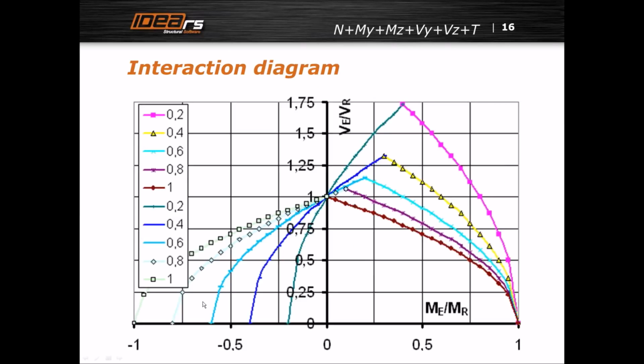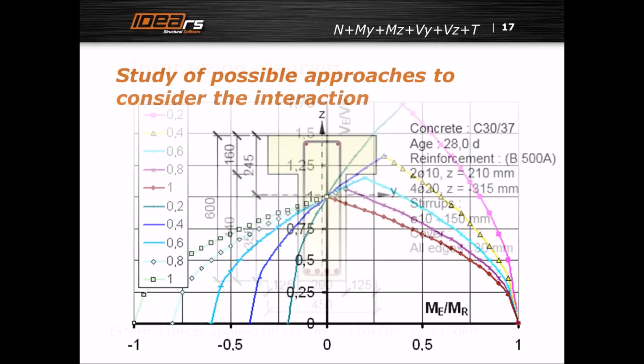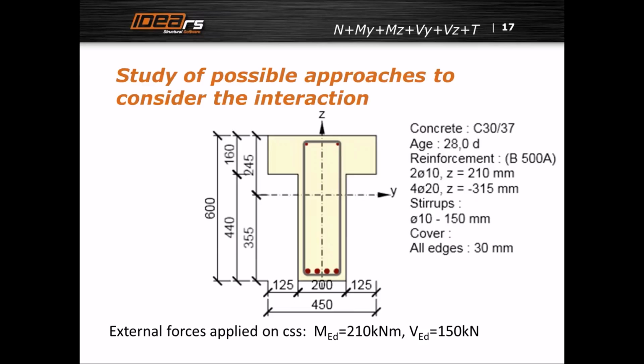We do it, then we can even draw such a nice interaction diagram between bending moment and shear force. This is calculated in an Excel file. But we do not do it in this simple way. This is not very suitable for numerical analysis, and it is nice to explain the theory or the principle, I would say, but not to use it practically.